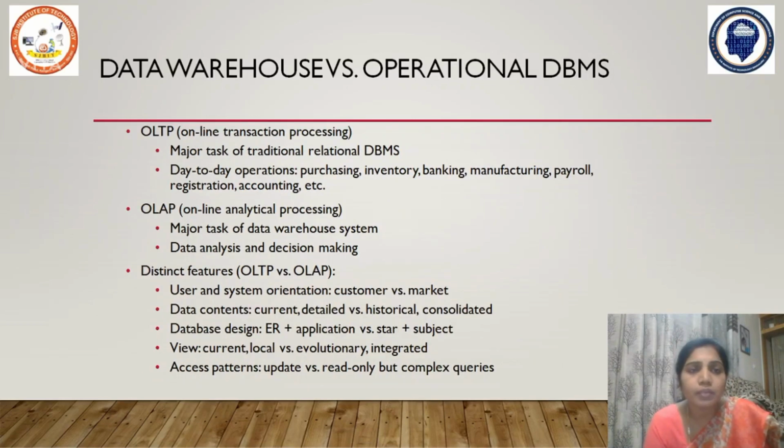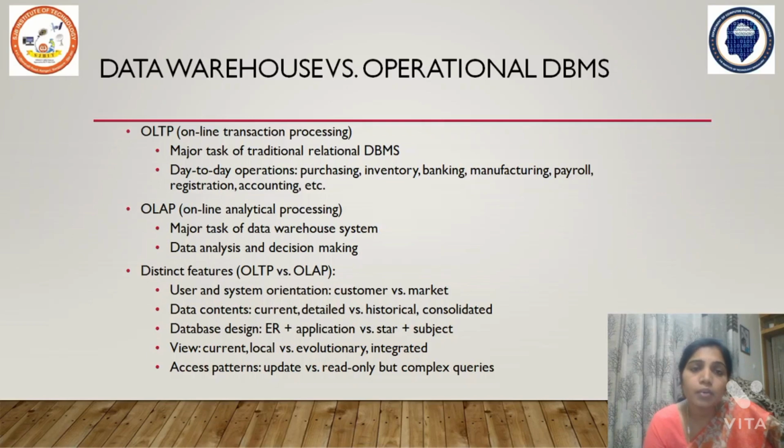Next, we have the difference between the data warehouse and the operational database management system. The data warehouse uses OLAP, and the DBMS is your OLTP. So we need to know the distinct features between OLTP and OLAP. OLTP is online transaction processing, the major task of a traditional relational DBMS.